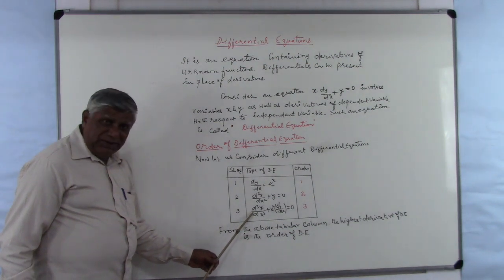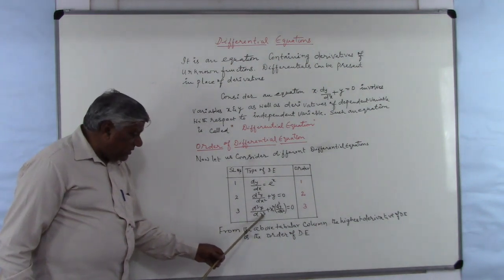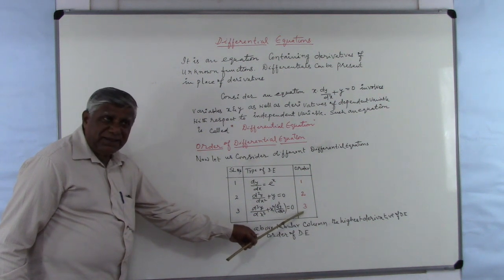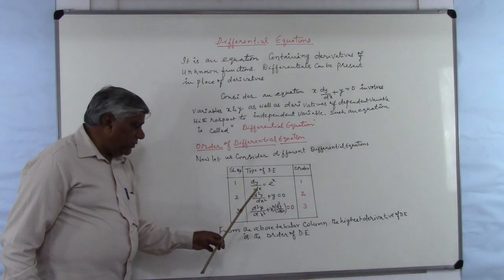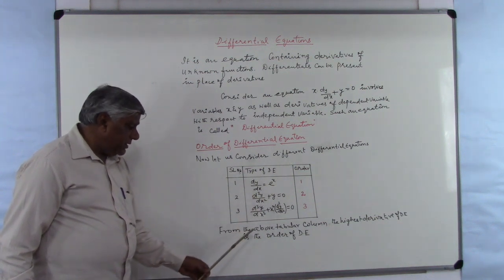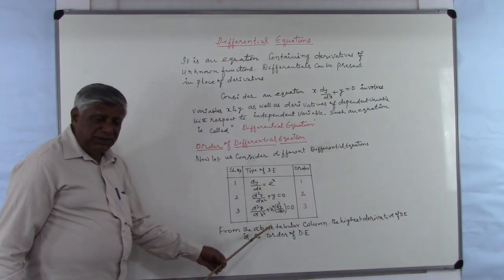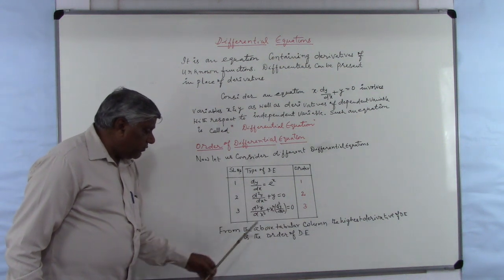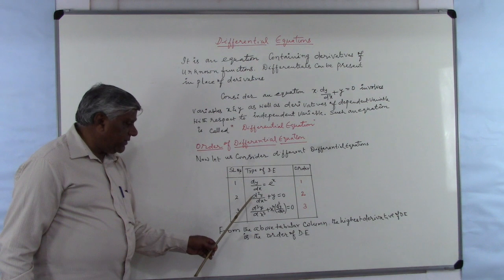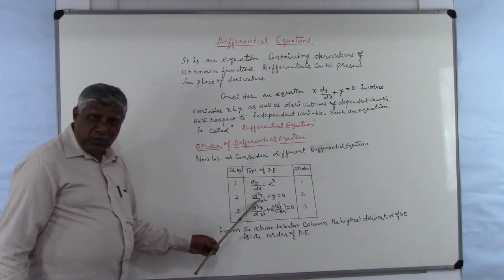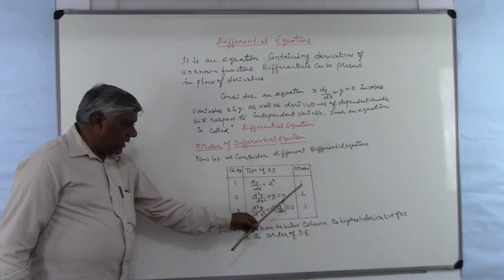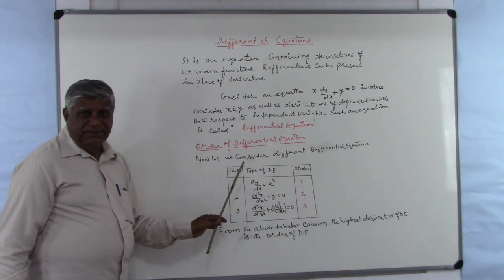Similarly, in the third equation, the derivative is 3, so the order is 3. Therefore, from the above table, the highest derivative of a differential equation is the order of the differential equation. Here it is 1, here it is 2, here it is 3. Therefore, the orders are 1, 2 and 3.